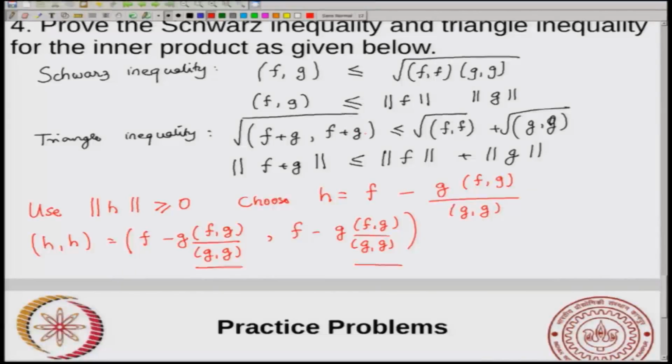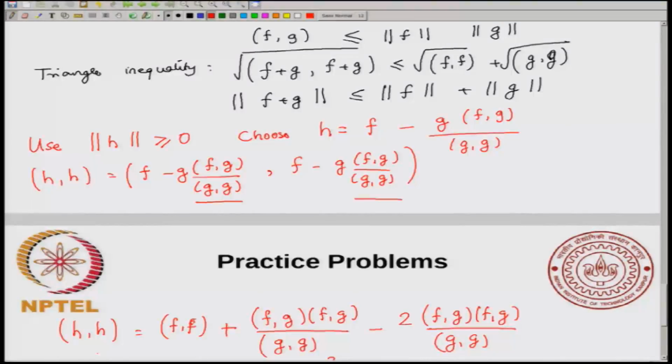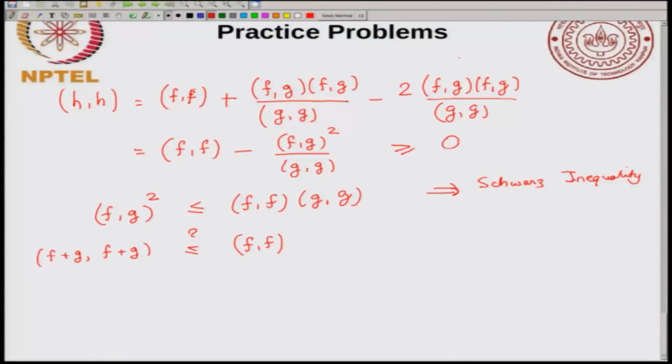Now if I square both sides, we have to check whether the norm of f plus g squared is less than or equal to the squared right hand side. Squaring the right hand side, I get this term squared plus this term squared plus the cross term: (f, f) plus (g, g) plus twice the square root of (f, f)(g, g). So the question is, is this less than this?